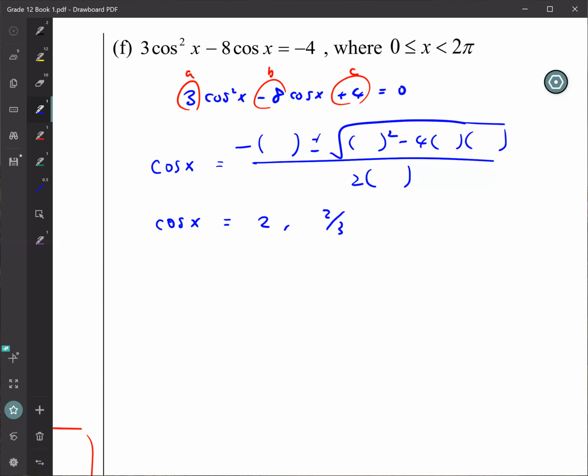So let me fill in the brackets first. Negative b plus minus b squared minus 4ac over 2a. Got it yet, Donna?